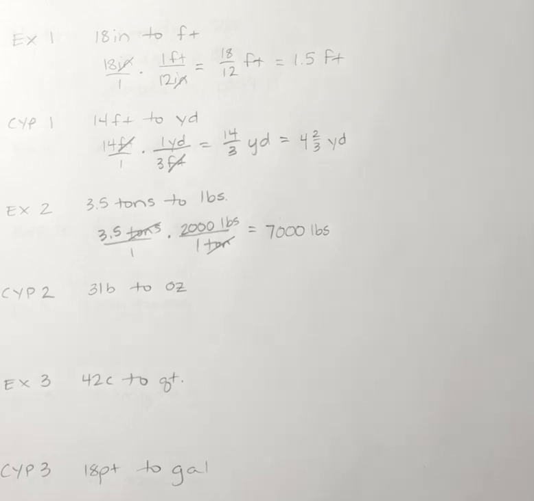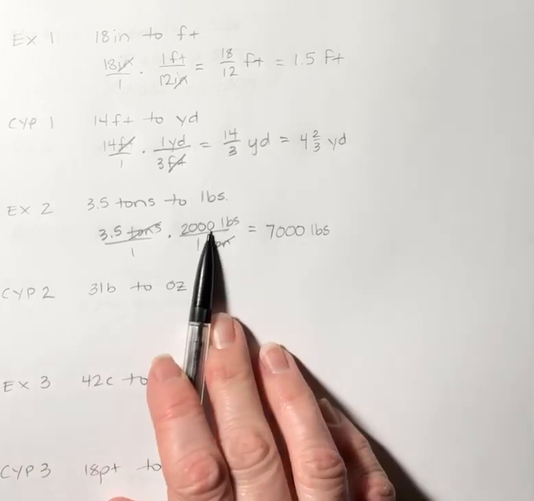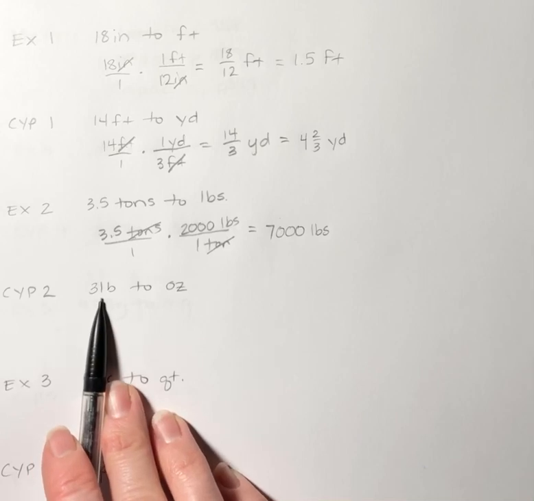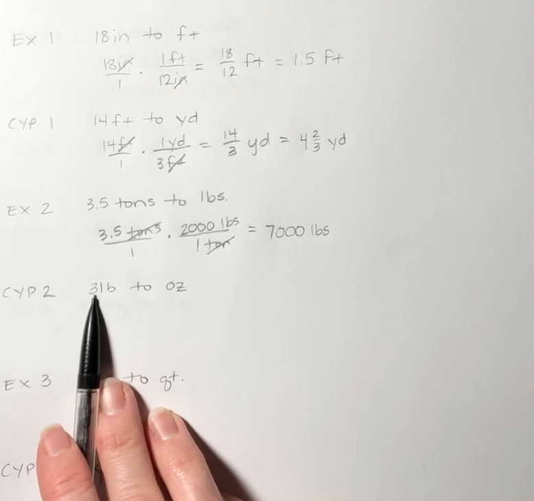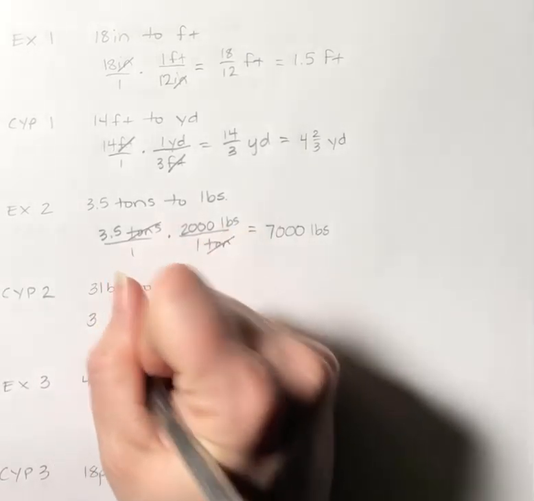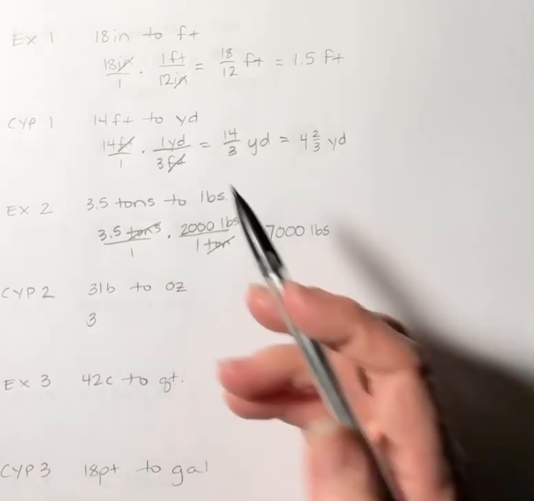Check your progress 2. It says 3, and now this is where, notice here I left some space. This one I didn't really, and so what ends up happening is sometimes your L's end up looking like 1s, and you need to be aware of that. But this is supposed to be 3 pounds to ounces. So I have my 3 pounds, and I wrote all of my L's on this page straight up and down.